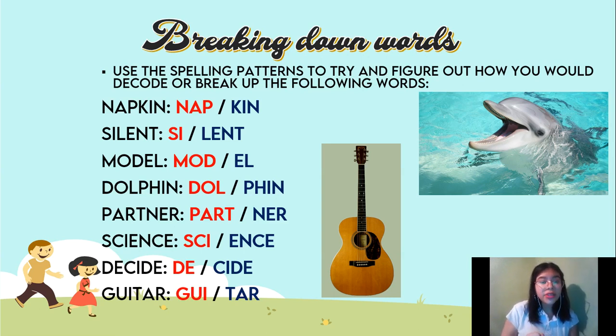Then we have dolphin, partner, science, decide, and guitar. We have two vowel sounds in each of these words.